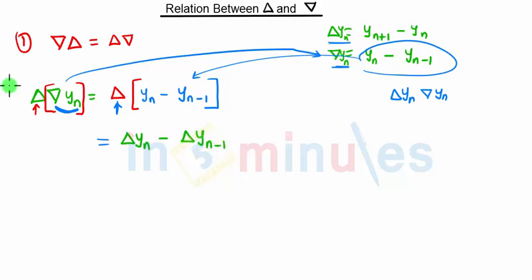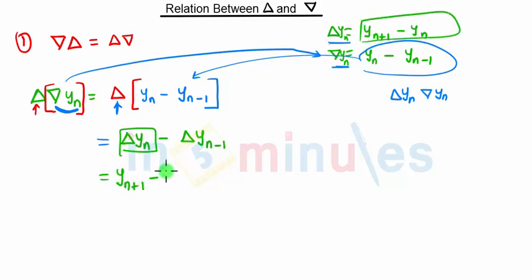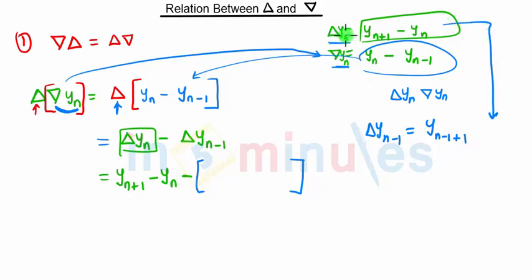So delta of y of n, from this equation we can write as y of n plus 1 minus y of n, minus, what is delta of y of n minus 1? It will be equal to y of n minus 1 plus 1. By following this formula, here we have y of n, so here we have n plus 1.